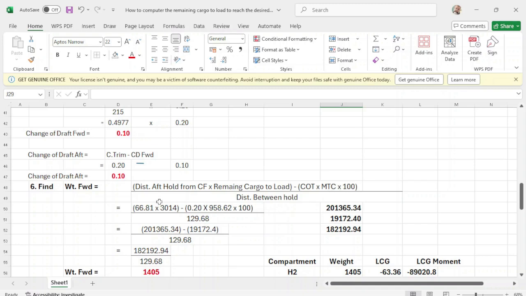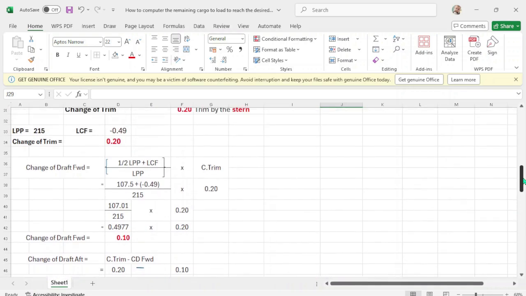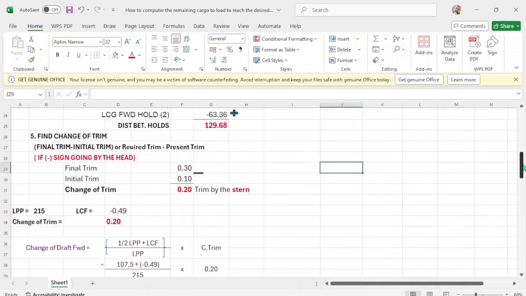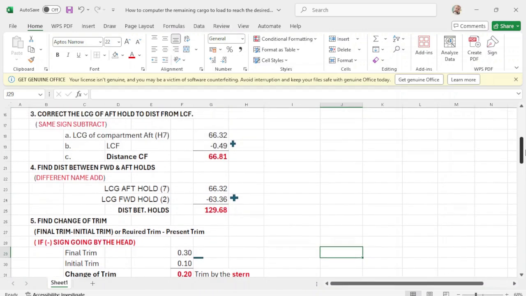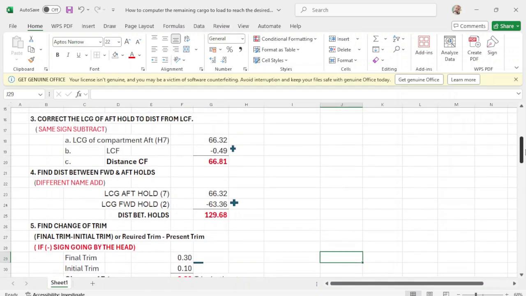So what is the distance of hold number 2 from the center of rotation? This is the distance from hold 7 to the center of rotation.